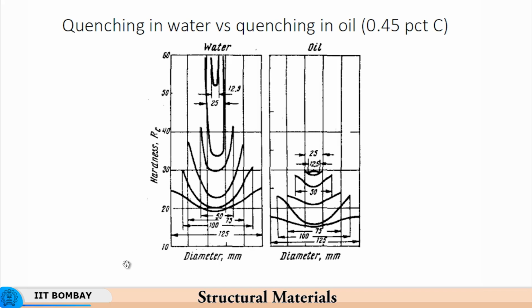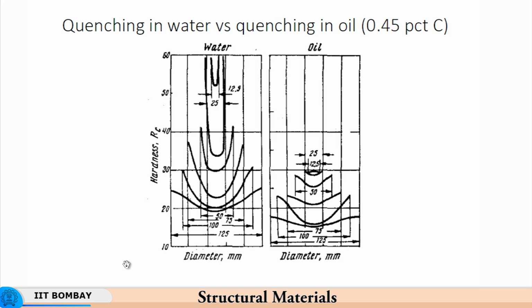The qualitative variation is the same, because the center cools last and the surface cools first. But if the center is very close to the surface, the cooling rates are practically the same, the hardness difference will not be very high, and the center will harden very rapidly. So, the hardness range will be the smallest.